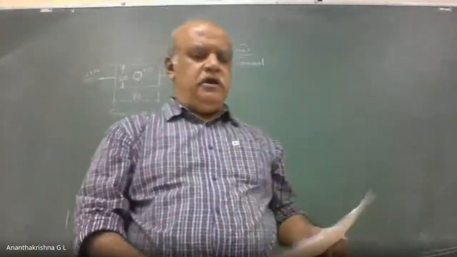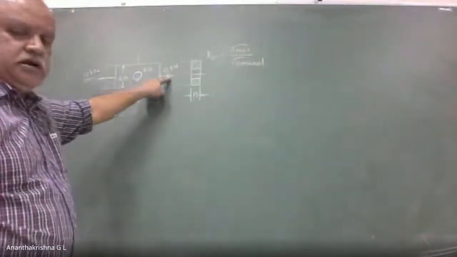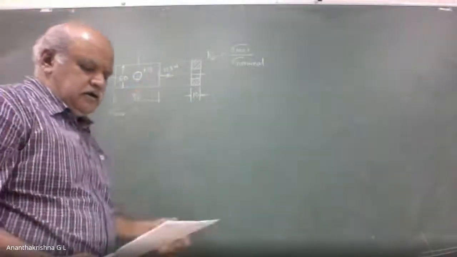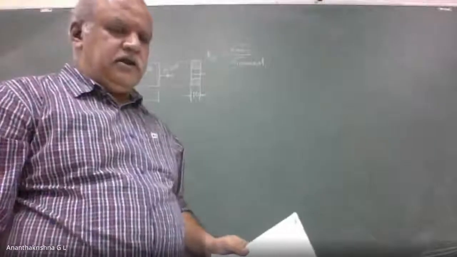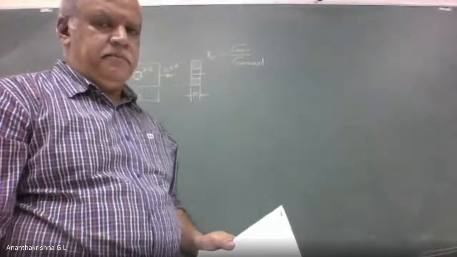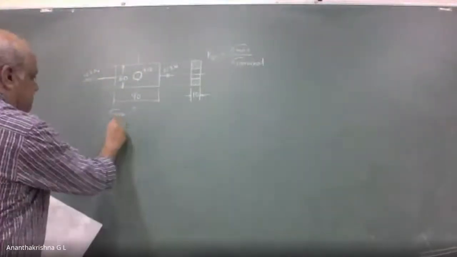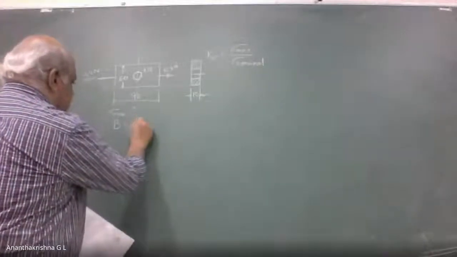Stress concentration factor K1 for a plate with hole in tension. Okay, this is the case of plate with a hole in tension. Correct? So what is there in the figure? Area A is equal to, sir, B minus a whole bracket into T. What is the value of capital B from the figure? 60 mm.